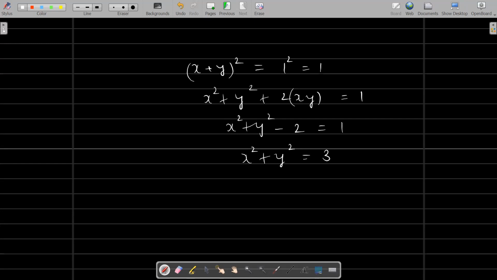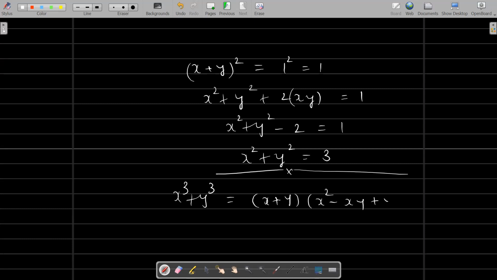Sir, I did it slightly differently. x cube plus y cube equals (x plus y) into (x squared minus xy plus y squared). I can write the second part as (x plus y) the whole squared minus 3xy.